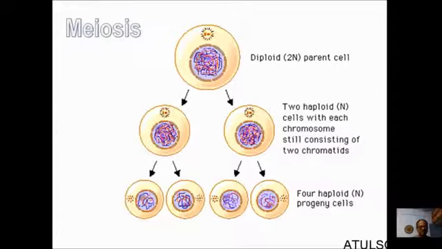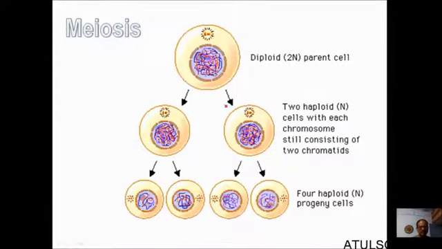So in the human male and female reproductive system, the meiocytes are present and they will form the 4 haploid cells. So from a diploid parent to haploid progeny cells.